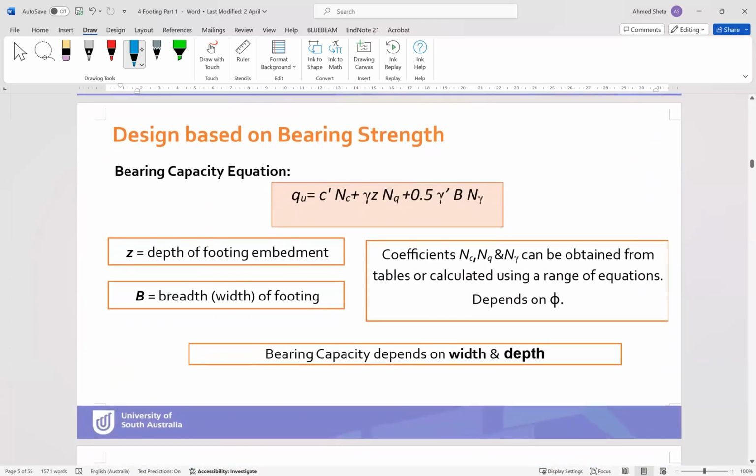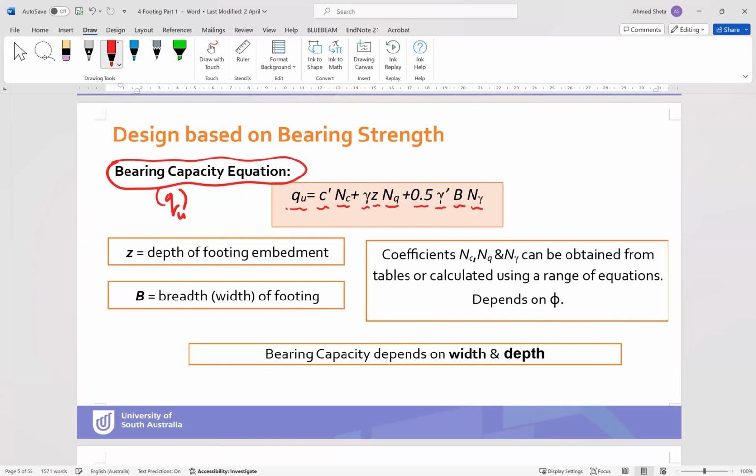Okay, so now we shift to the bearing capacity equation, Q ultimate. Q ultimate is equal to C dash NC plus gamma Z NQ plus 0.5 gamma times B times N gamma.